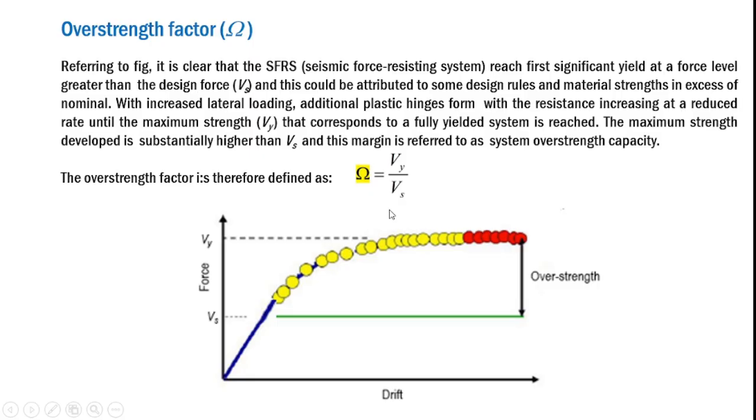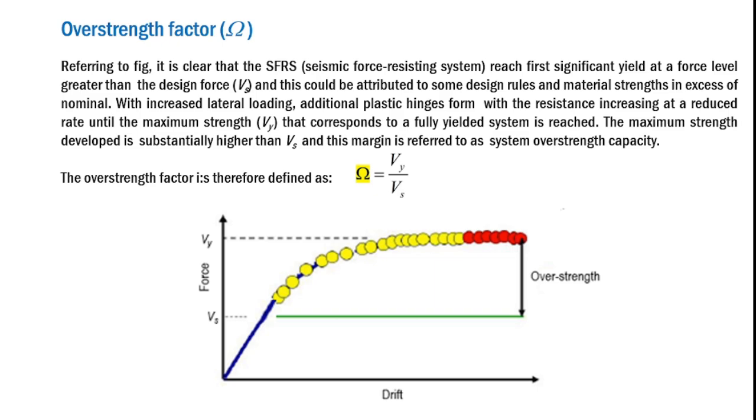Now you may ask where this overstrength comes from. Basically this overstrength comes from two sources. The first one comes from the overstrength of the components, beams, columns, braces, etc., that form the seismic force resisting systems.